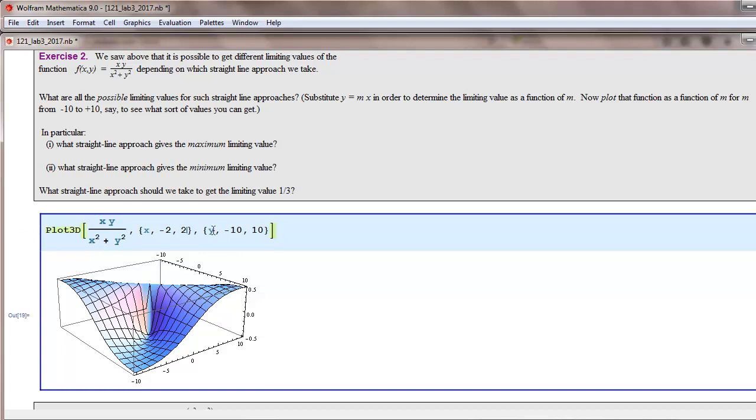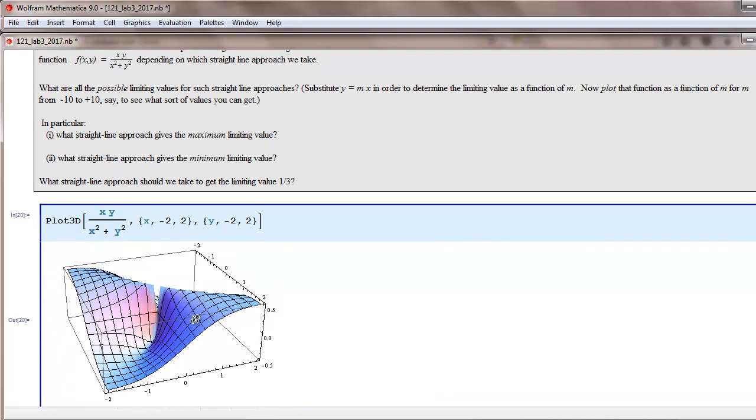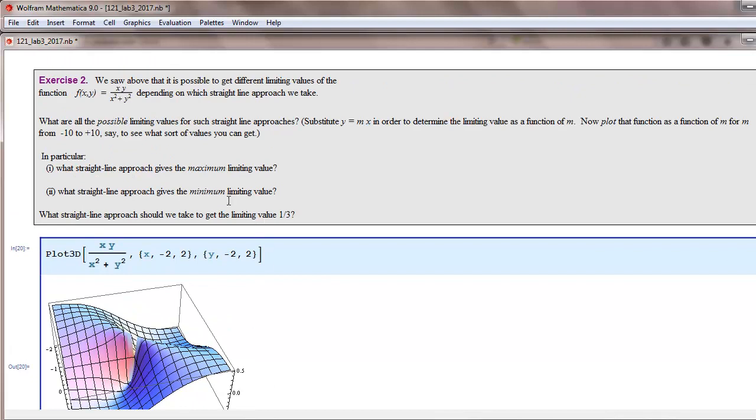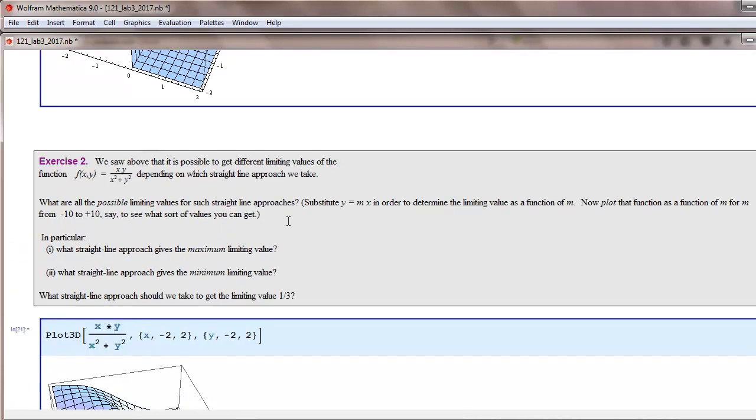So I'm going to change my viewing window from -2 to 2 in both x and y. And we're starting to see things a little more clearly here. That's good. Now, I just want to make sure we've got that multiplication there. Good.